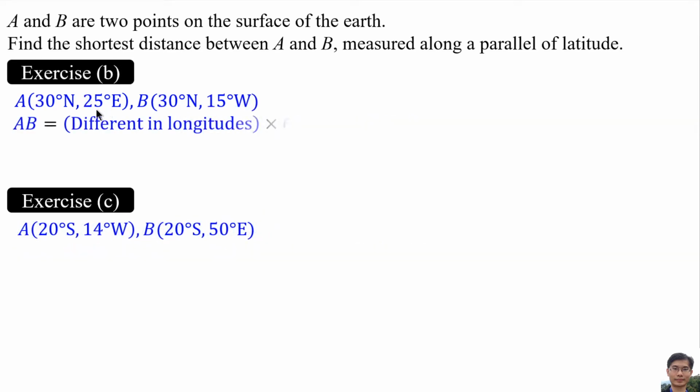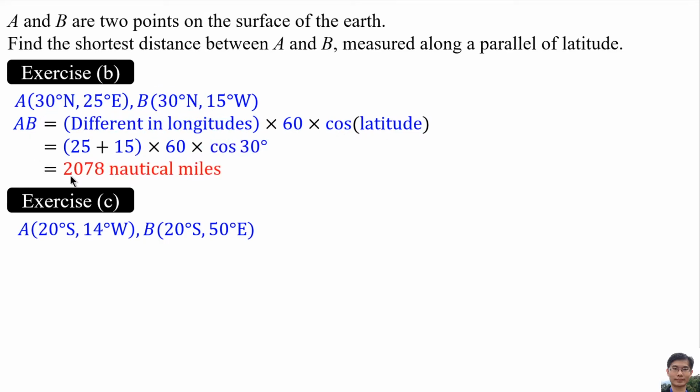Exercise B, use the same formula. The difference in longitude, east and west, different directions, so we add both angles. Times 60, cos the latitude 30. So we get 2078 nautical miles.